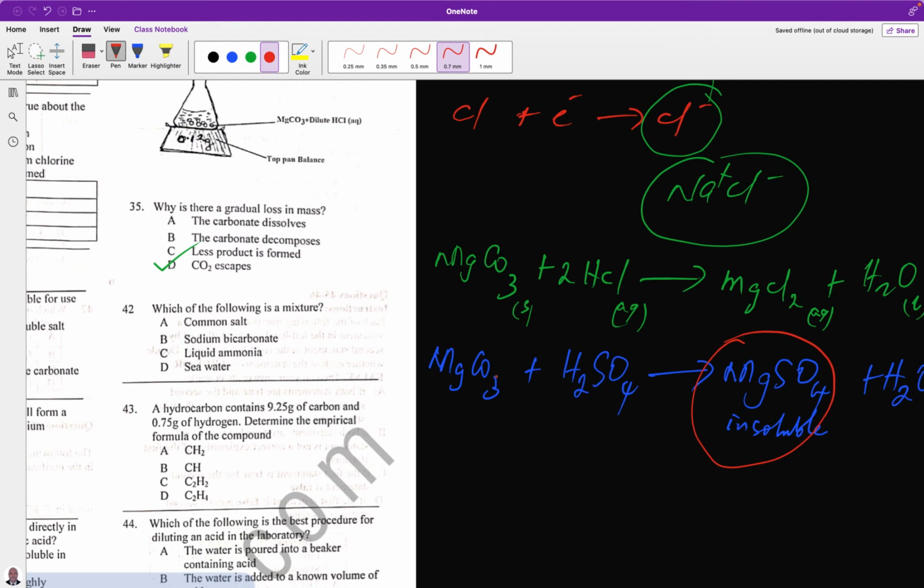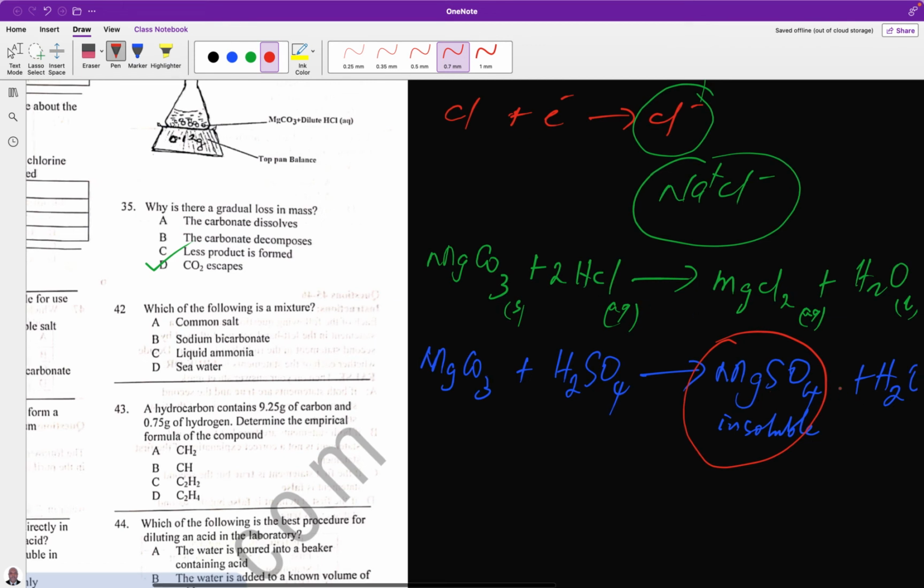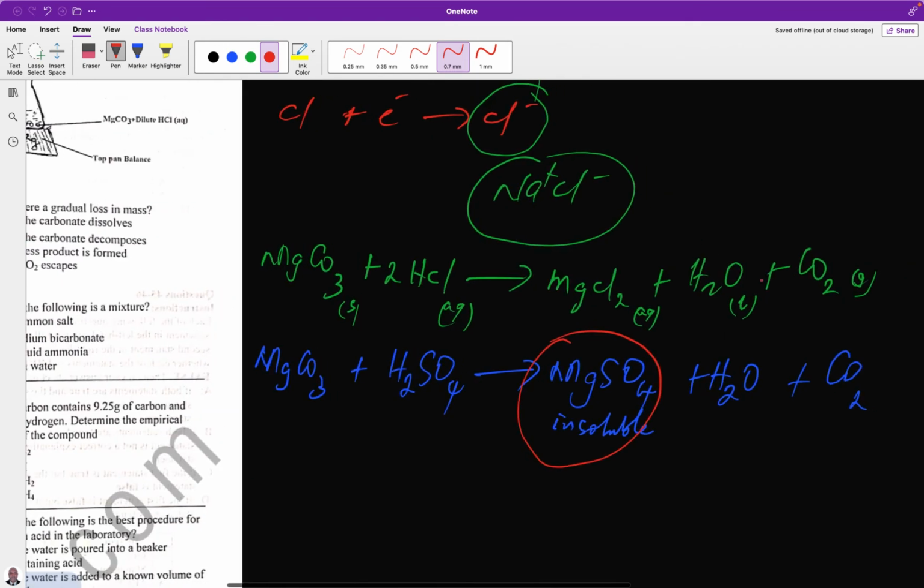It will cover the magnesium carbonate, causing the reaction to stop.